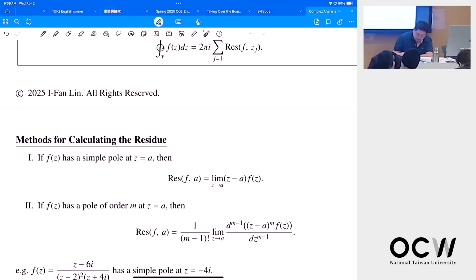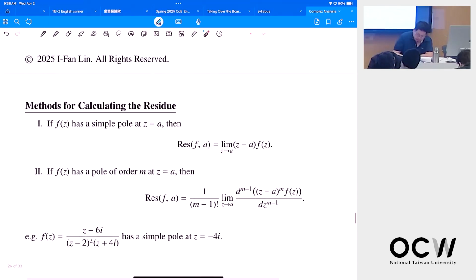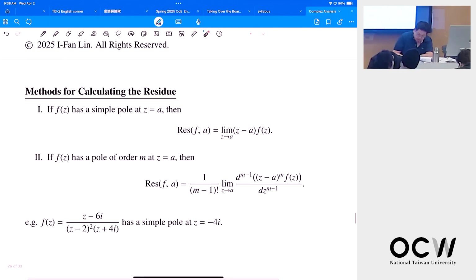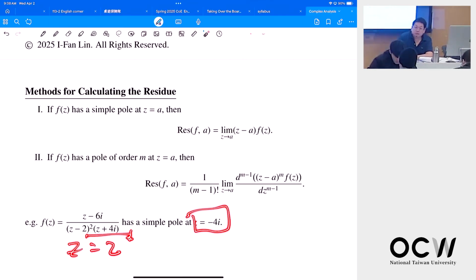First, let's see this complex function. At z equals minus 4i, this is a simple pole, right? I'm talking about z equals minus 4i, not z equals 2. At z equals 2, there will be a double pole, correct?